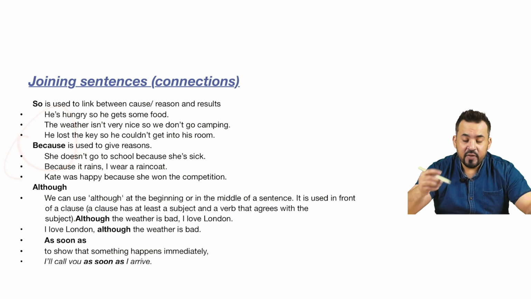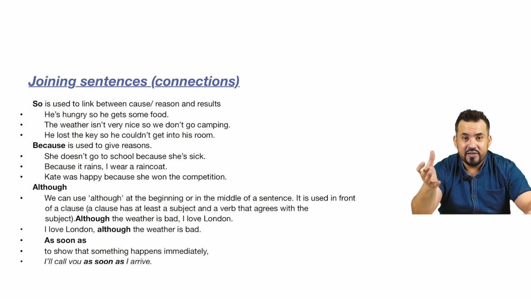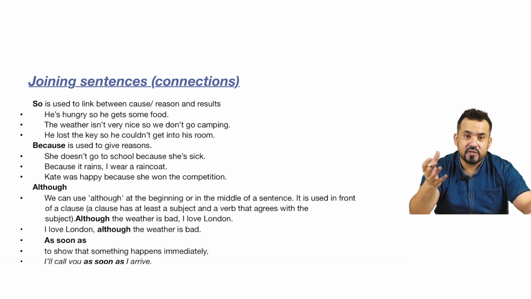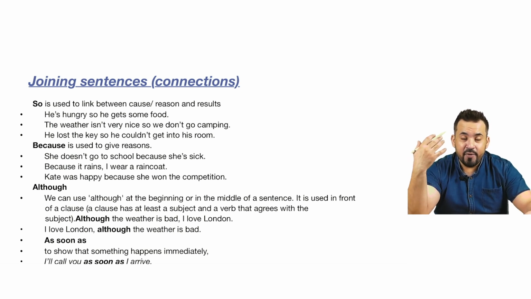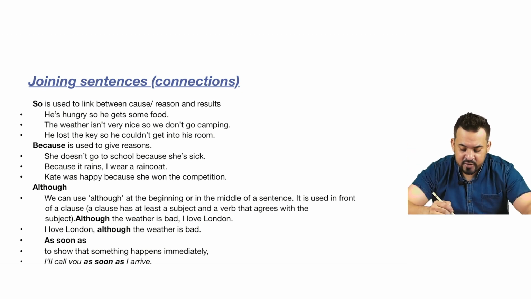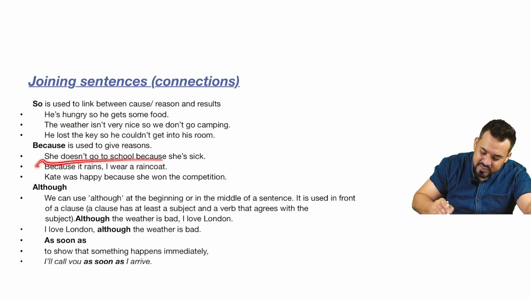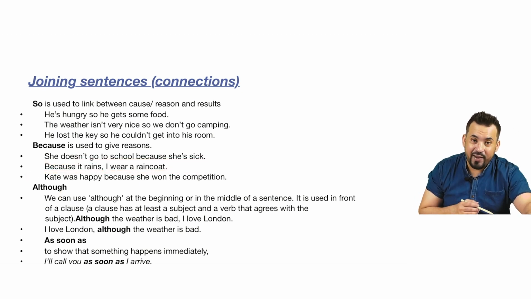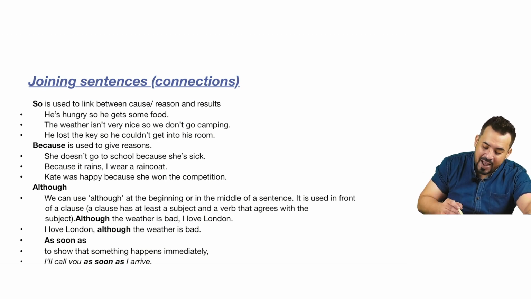Now, "because" is used to give a reason. Normally, because is a standard answer for any question that starts with why. We can use it in sentences without a question, just to give a reason. She doesn't go to school because she's sick. Again, here we use the present simple. Because it rains, I wear a raincoat, or we can use it in the past.